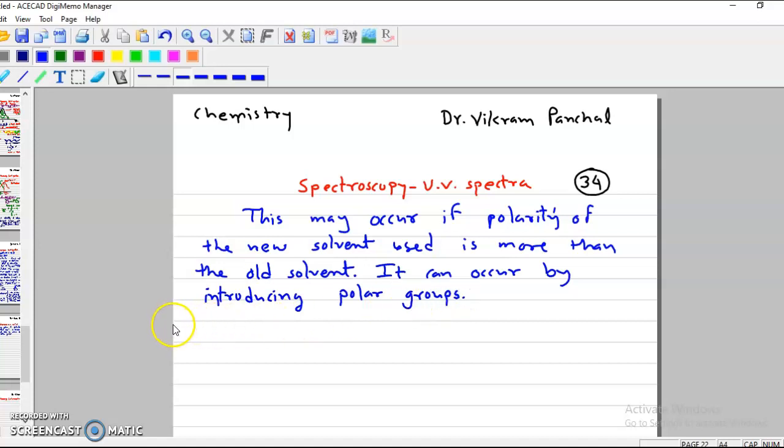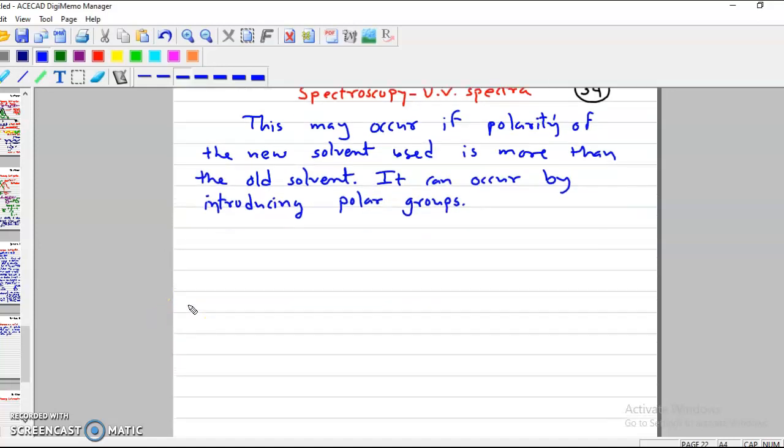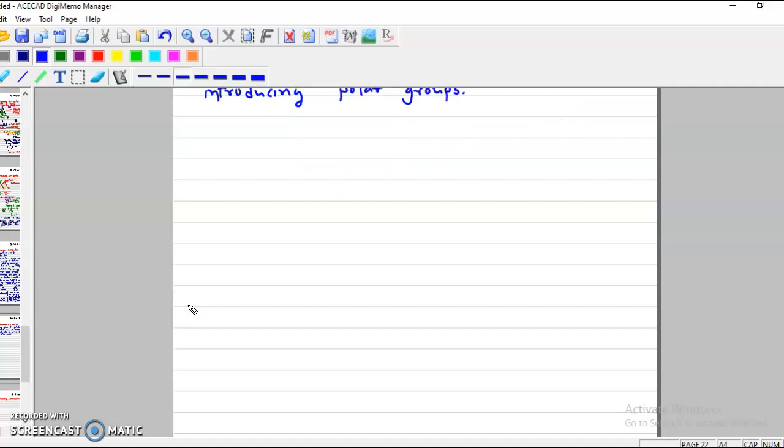Mainly auxochrome. For example, we take a carbonyl compound where R can be different groups.